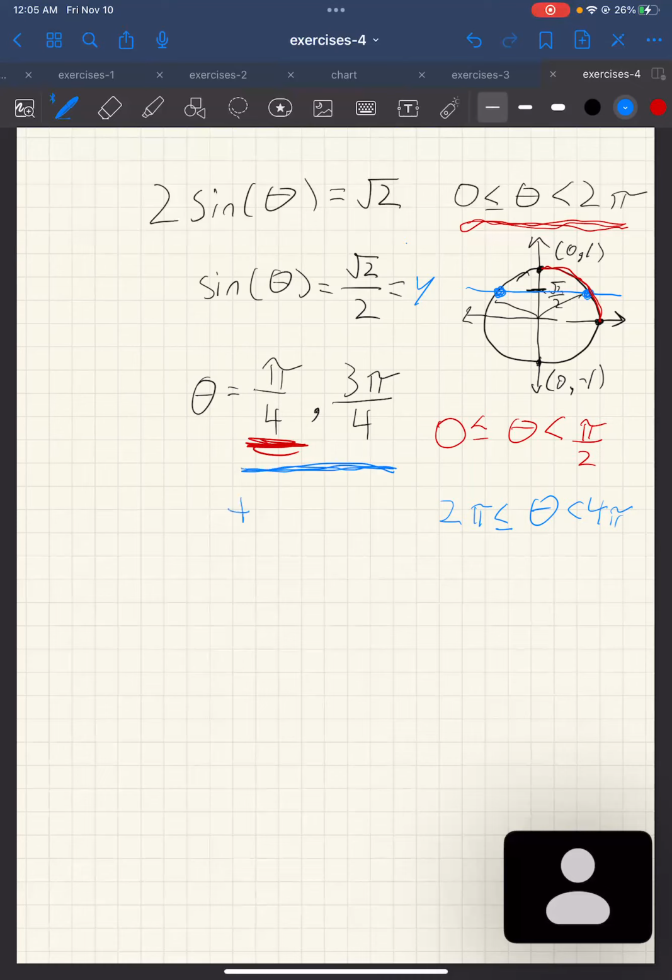I can just add 2 pi to each of them, right? To find coterminal angles that are just one period forward. So if I was given this question, my answers would be pi over 4 plus 2 pi, 3 pi over 4 plus 2 pi. And those are my answers.